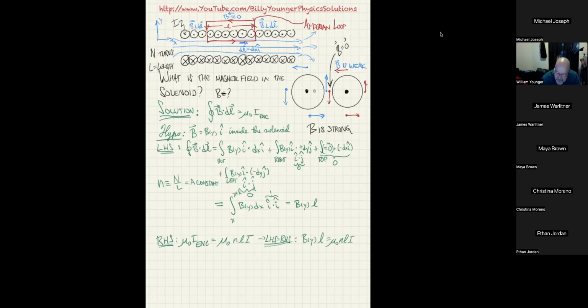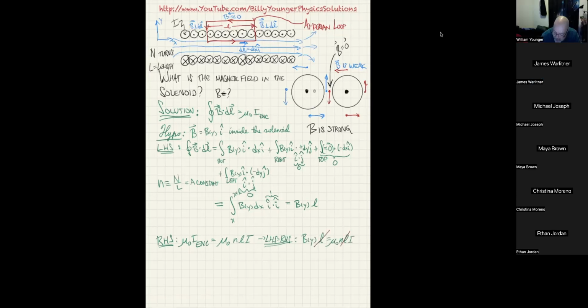You can see, in fact, that the L's cancel out, and ultimately what you find is the magnetic field within the solenoid. Whoa, it just all of a sudden switched to red on me.